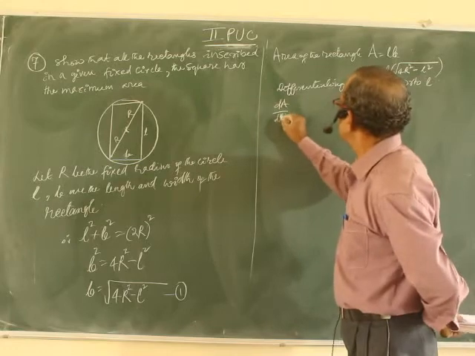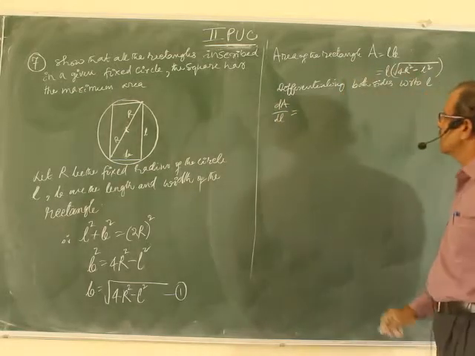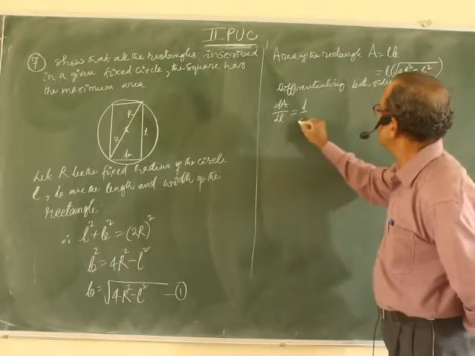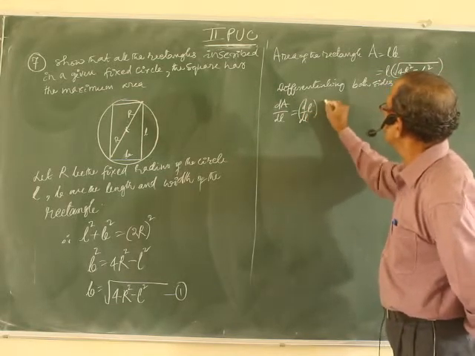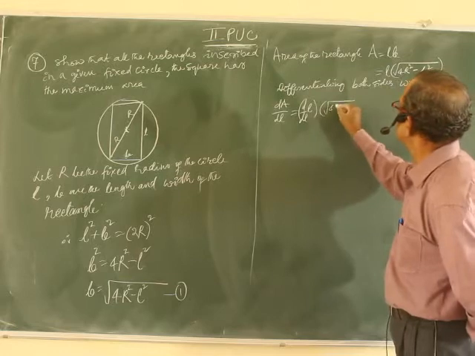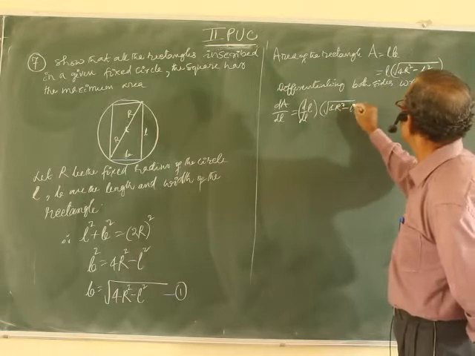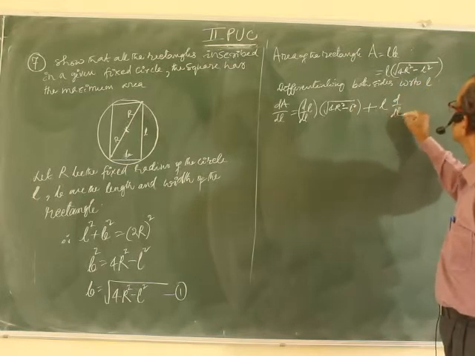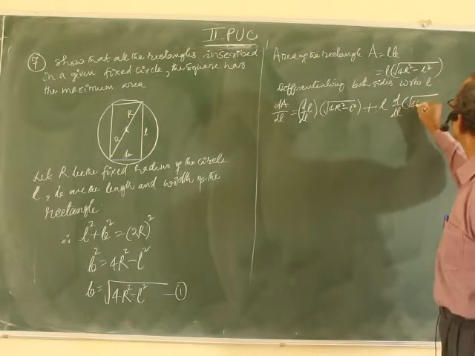dA by dL equal to, careful, differentiation of this: derivative of L into the second function as it is, plus the first function as it is into the derivative of the second.